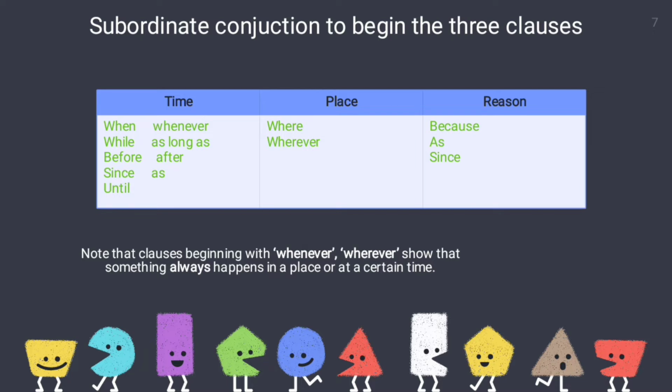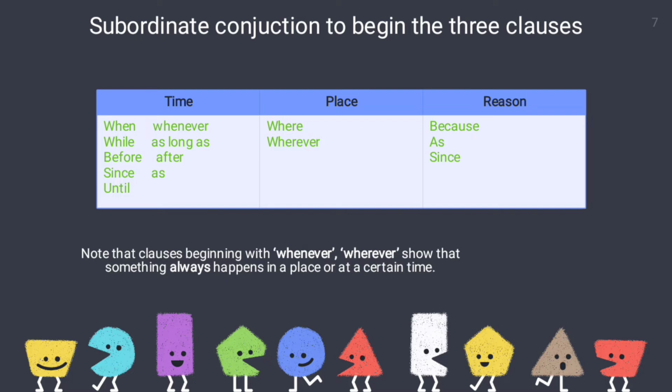In adverb clauses of time, we can use the subordinating conjunctions when, while, as long as, before, after, since, as, and until, which can state the time when something happens.